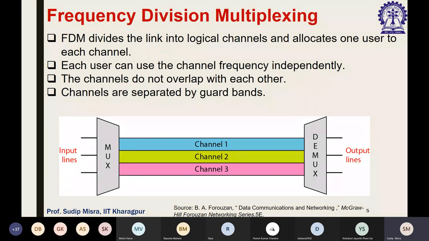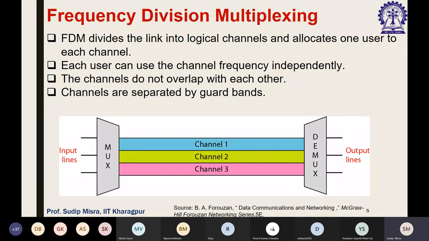Number one is frequency division multiplexing. So n input lines, n output lines, and n channels in between. Frequency division multiplexing basically takes the link and divides it into n channels. These n channels are logical in nature, and each channel can be allocated to a user.